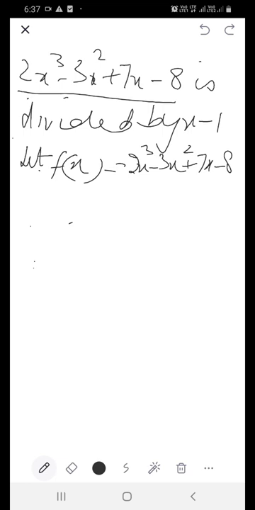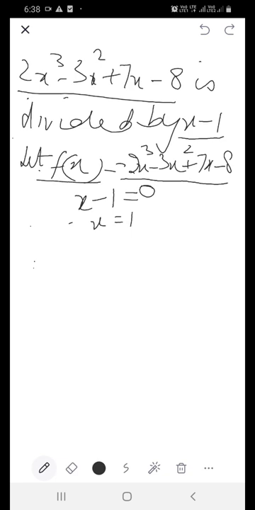Now see the steps you have to do one after the other. While explaining the theorem, I told you to suppose the divisor is 0. What is your divisor? It is x minus 1. So to do it by the remainder theorem, we put the divisor as 0, and from there you get the value of x. When you put this value of x in the algebraic expression, that is, find the value of f(1), the dividend becomes the remainder.